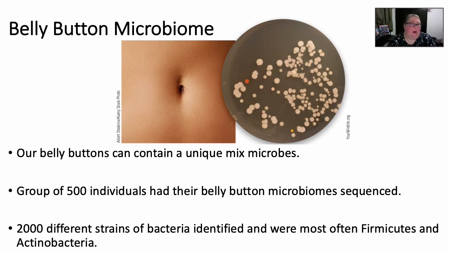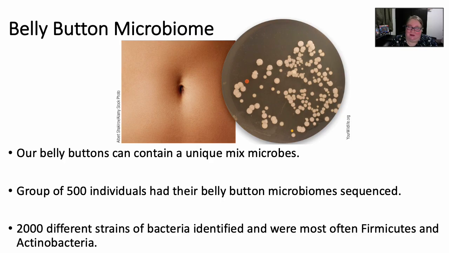Okay, so scientists are always studying different microbiomes. Like they studied your armpit microbiome, they've studied your intestinal microbiome, your mouth microbiome. One of the really interesting studies that's going on right now is a group that are studying belly button microbiomes. In this study, over 500 individuals have had their belly buttons swabbed and the microbiomes in their belly buttons sequenced.